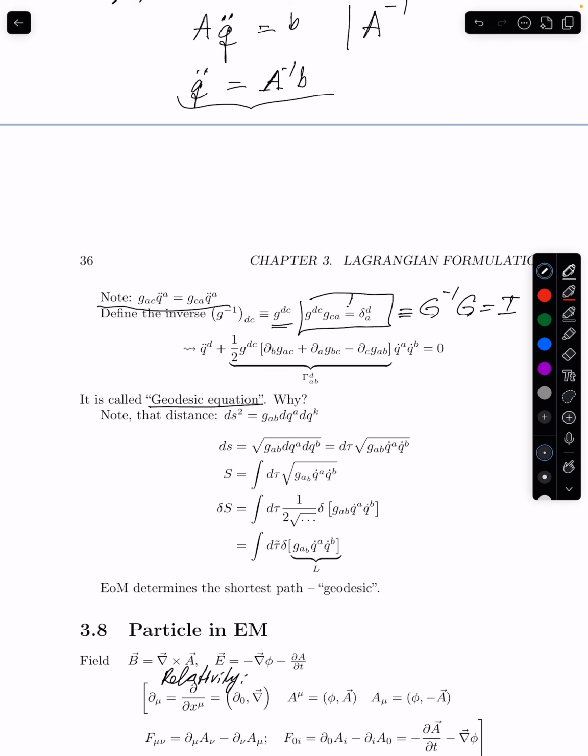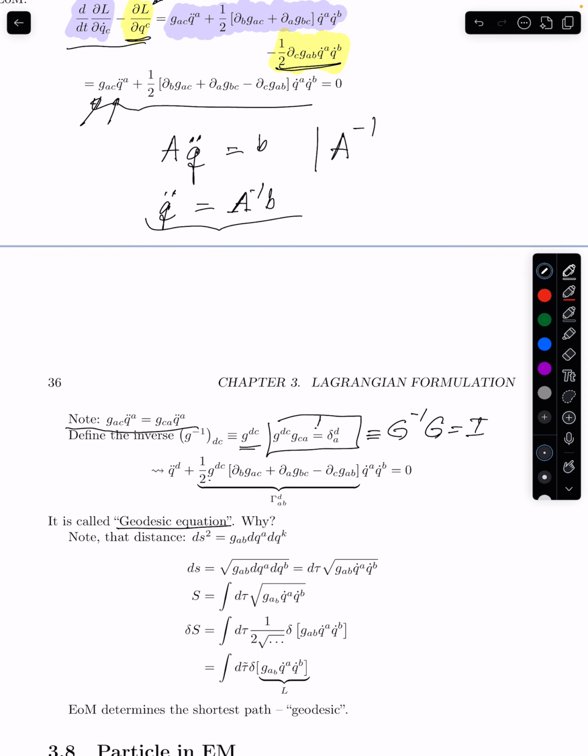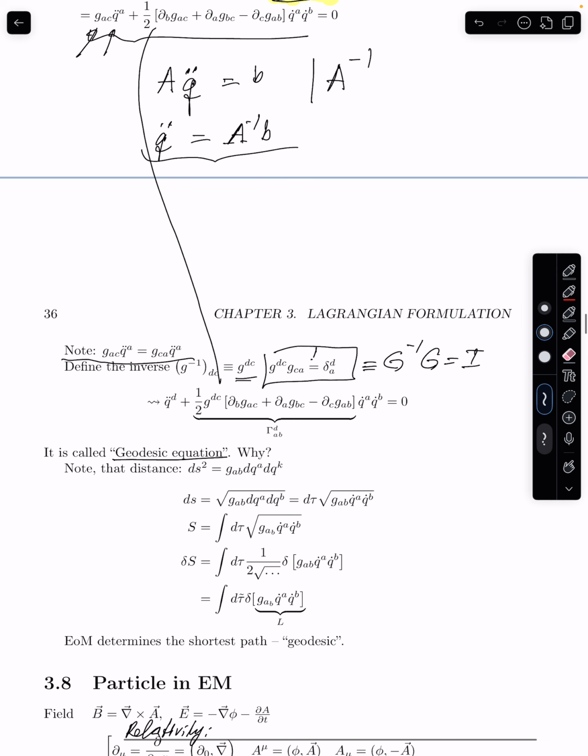When I do that, a new term will appear over here, and a new factor appeared: this inverse matrix, which I multiplied everything by. And this term now doesn't have any matrices in front of it. This is my final result for the equation of motion.